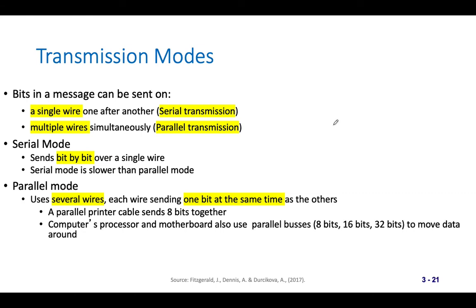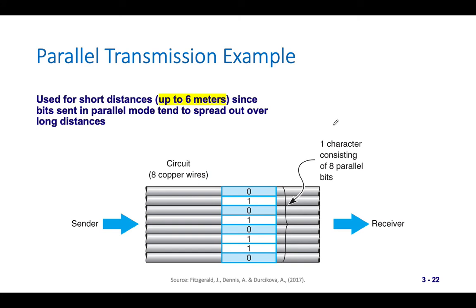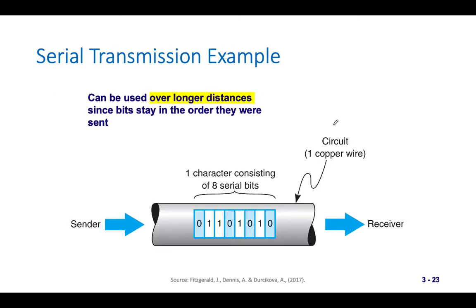What kind of transmission mode do we use? Either serial or parallel. When we use serial, it is usually a single wire, and you send the data like 0, 1, 0, 1, 0, whatever it is, one at a time, one after one. Serial means the data is sent one bit at a time: 1 bit, 1 bit, 1 bit, one after one after one.